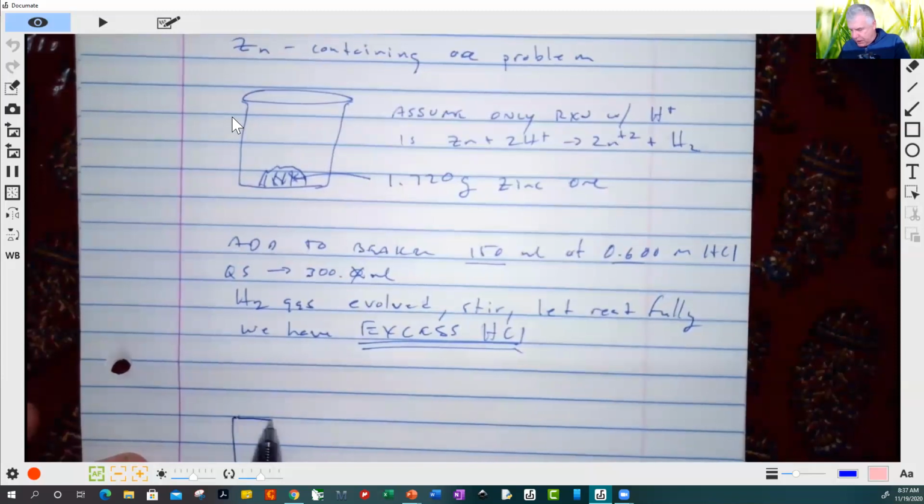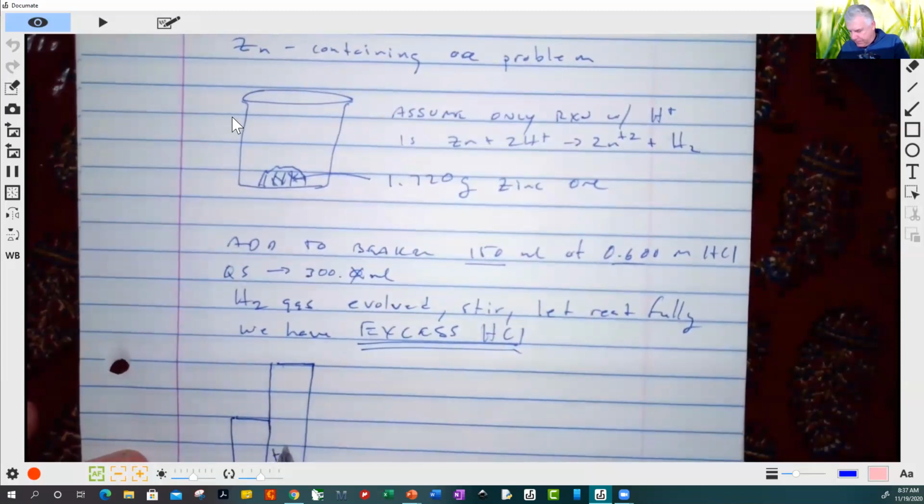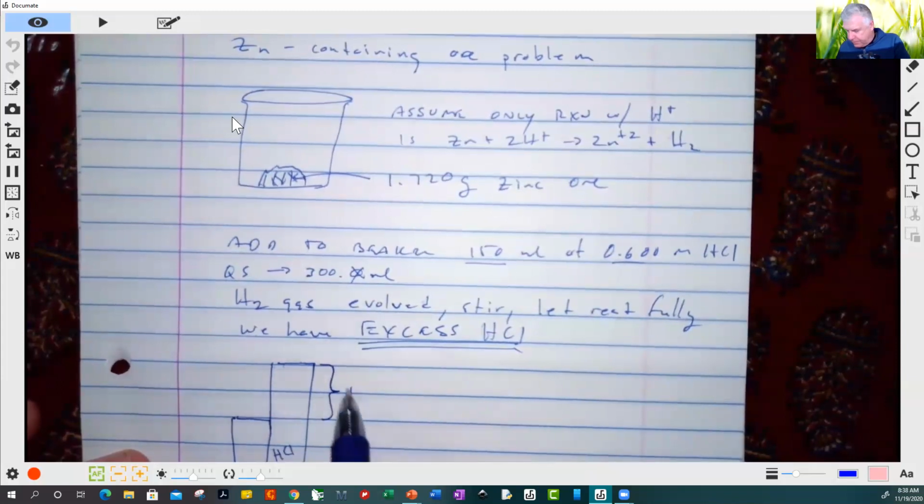So there's this much zinc, let's say, and then we put in this much HCl, right? And then what we did was a titration to measure the excess HCl.